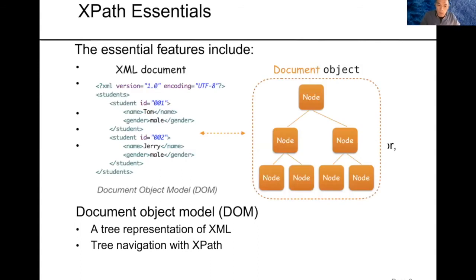Typically, we will represent an XML document in the document object model. It is a tree representation of XML data. Therefore, with an XPath query, we can navigate along the tree representation of the data.